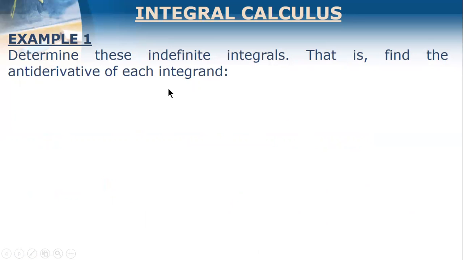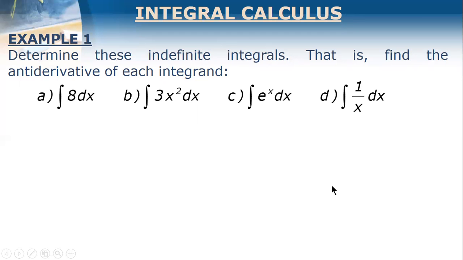Okay. Let's have a simple example. Determine these indefinite integrals. It means you have to find the antiderivative of each integrand. Remember, we have not yet discussed the standard forms.